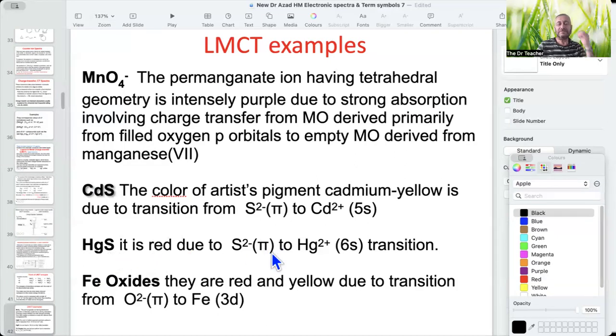Sulfur has pi, mercury has S empty. Iron oxides are red and yellow due to transition from oxygen pi to iron 3d. So wherever you have empty orbitals, you can transfer from these, all S, O, they have pi orbitals. So they can transfer their electrons to the empty orbitals of cadmium S, mercury S, or in the D of the iron.